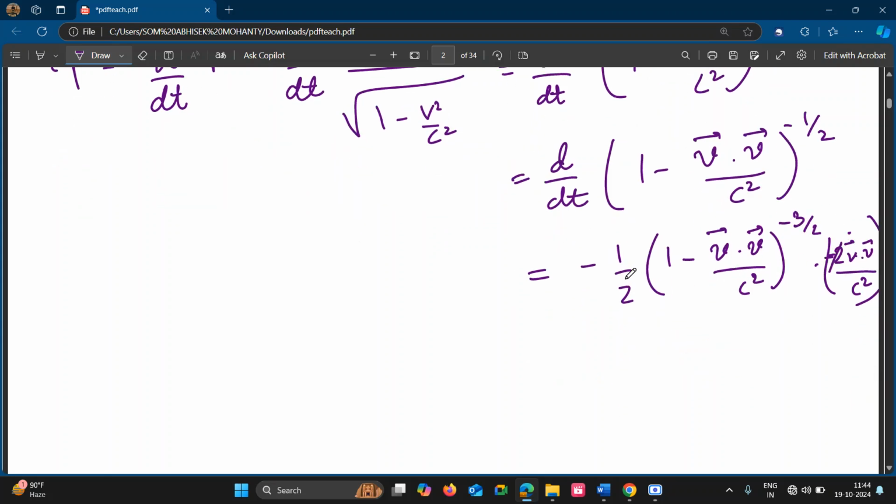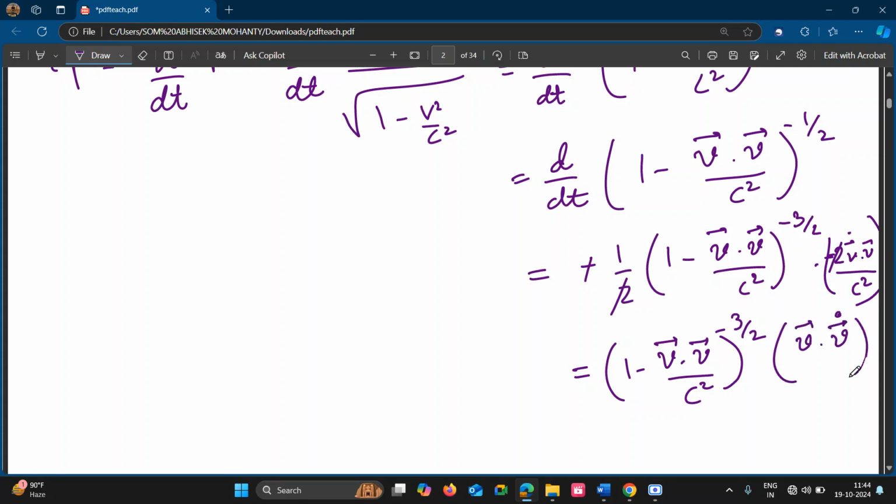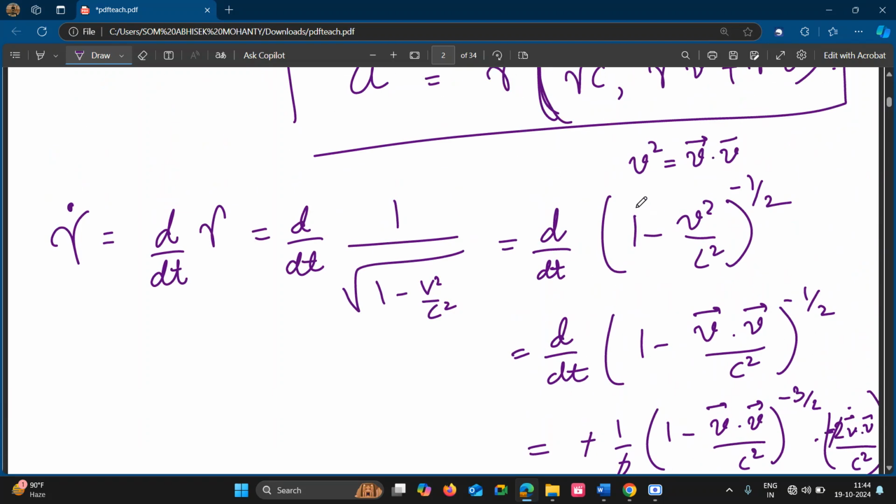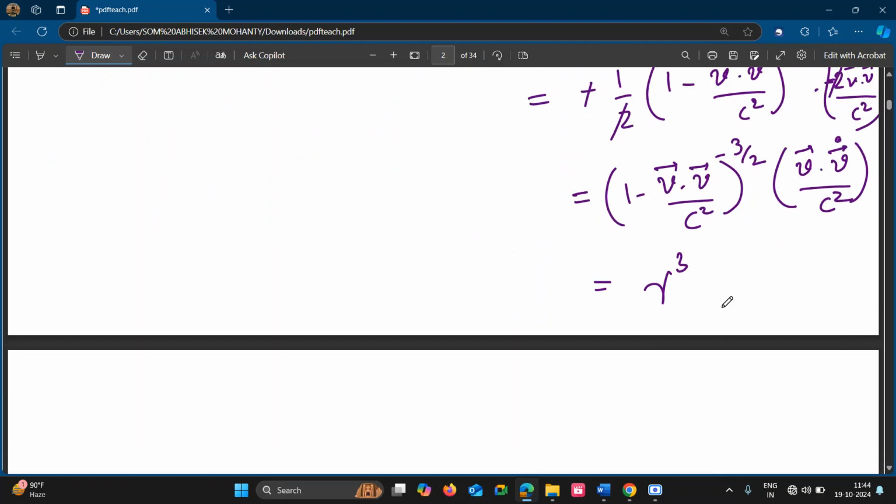So minus 2, 2 cancelled out. So what we are getting here is minus 1 minus v dot v by c square to the power minus 3 by 2, times v dot v dot divided by c square. This is the product rule applied here, after derivative. Now this can be written as gamma to the power 3, right? Because gamma is to the power minus 1, but this is minus gamma cube, and this is v dot v dot divided by c square. So that was my purpose to do it this way.